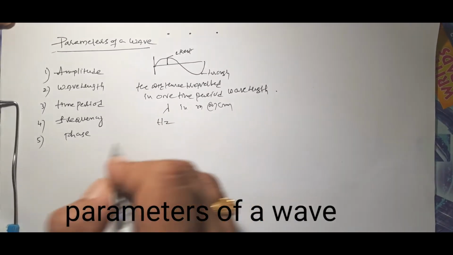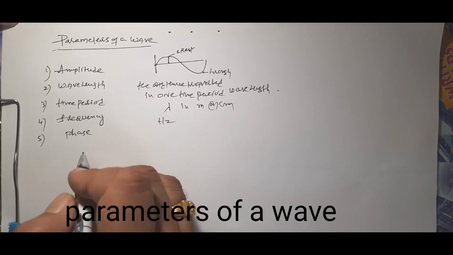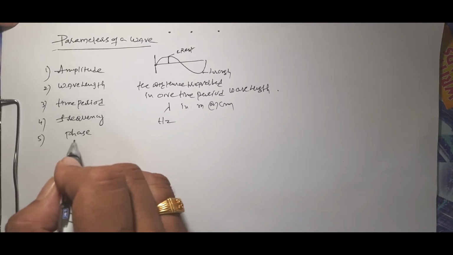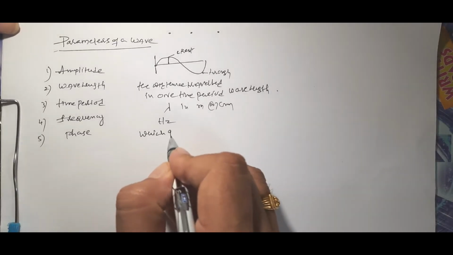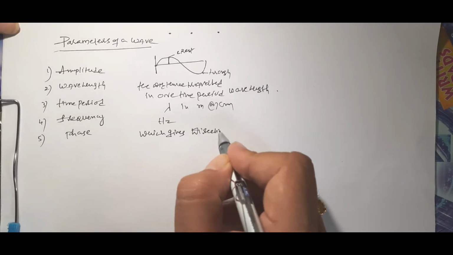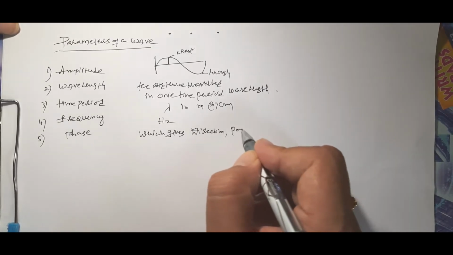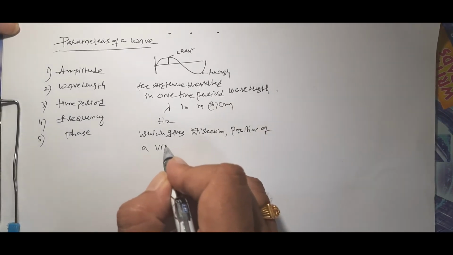Now we are going to discuss a very important term, that is phase. The phase is a physical quantity which gives the direction and the position of a vibrating particle.